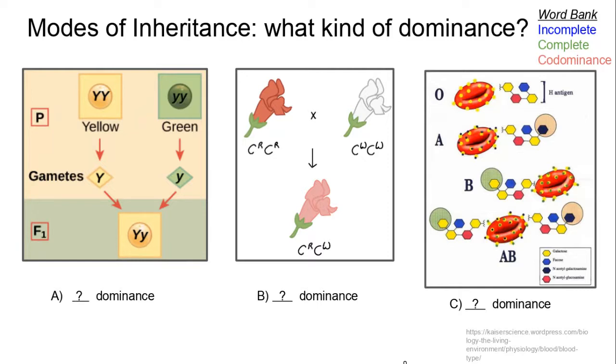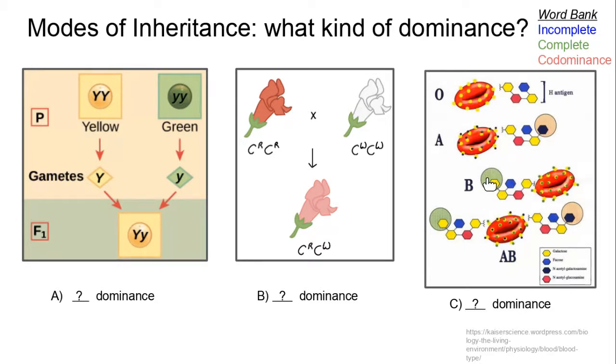And some people are like, maybe incomplete. Now this is codominance. So the way we define it as codominance is that there isn't an A or a B. You could have somebody who's AB. So you have the expression of both alleles, the alleles that will encode the adding of this A antigen and the allele of adding this B antigen.